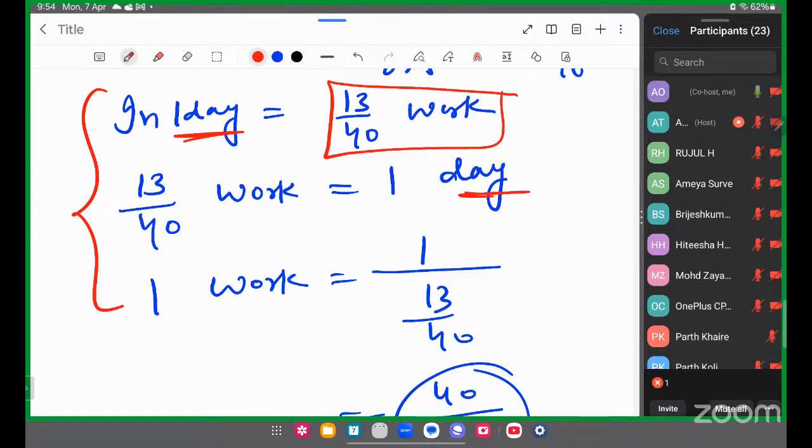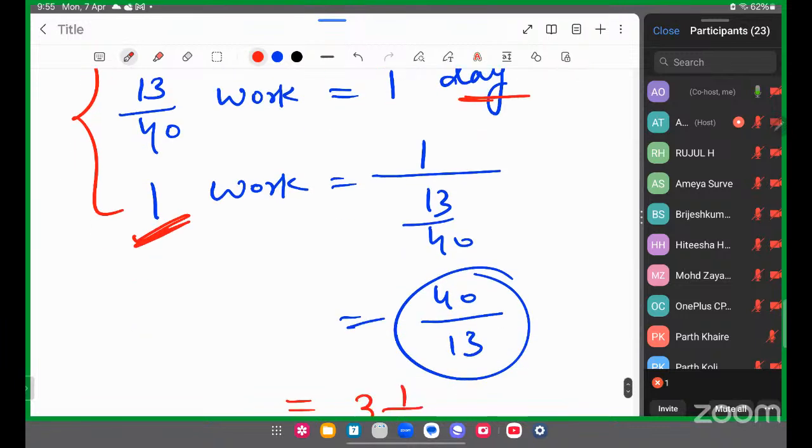But I do not want to complete 13 by 40 work. I want to complete the whole work, and complete work is taken as one. Right? So 13 by 40 unit is done in one day. I want to know how much time it will take to complete one unit. So for one unit, we will write it as 1 by 13 by 40.